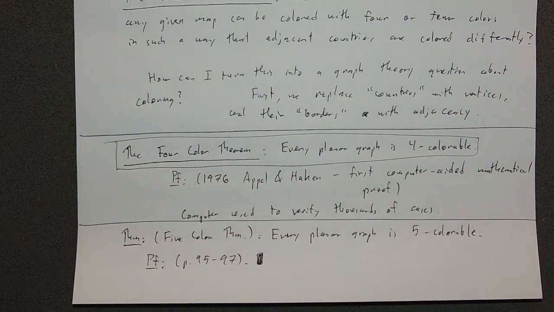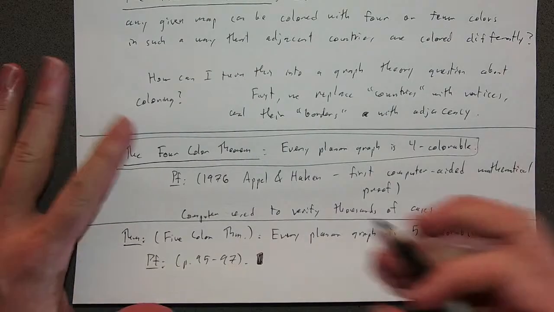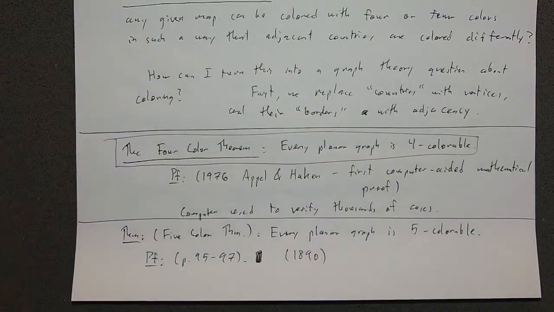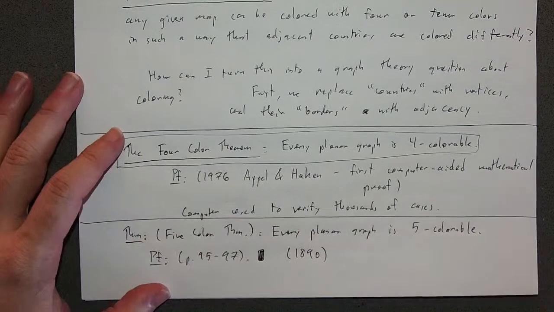Just upping the colors by 1 makes it substantially easier. This is essentially the same proof that was completed in 1890, back when some of the first original attempts to prove the 4-color theorem were being made. This was proven way back then.